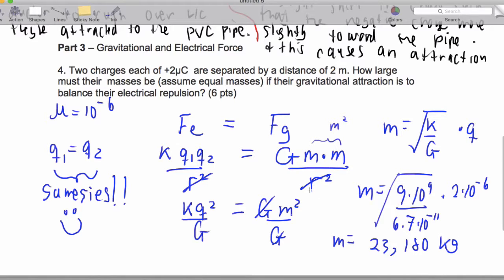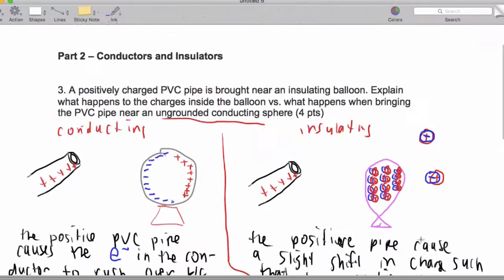That is not an error or a typo. I will double check my math, but I do not think that is an error or a typo. This is really the disproportion between gravitational strength and electrical strength. So that's questions 3 and 4.